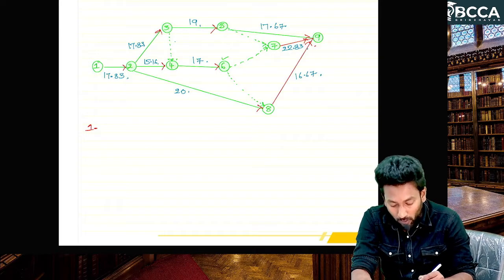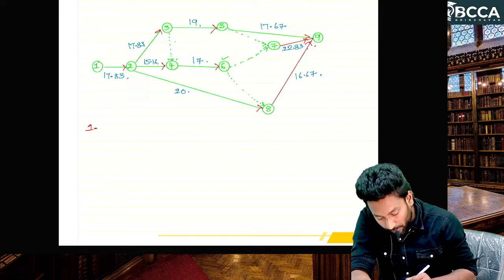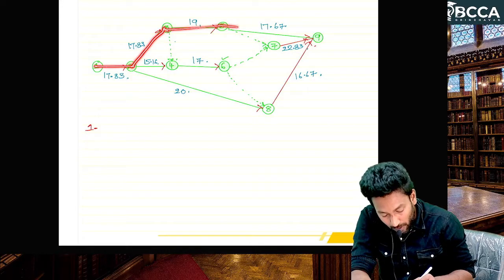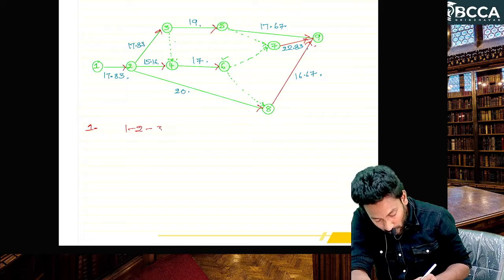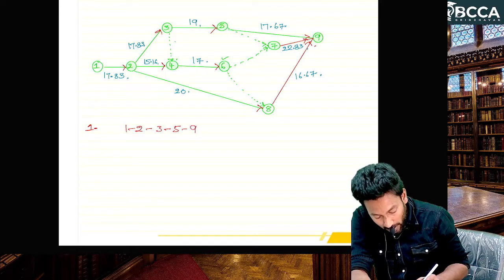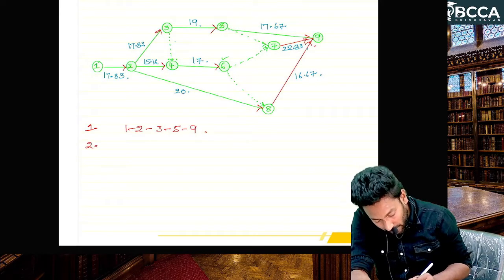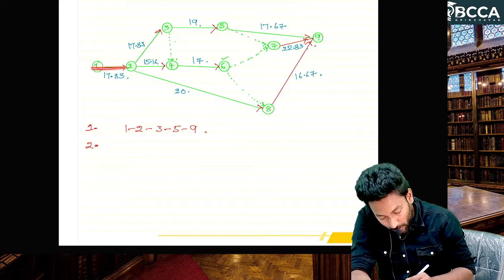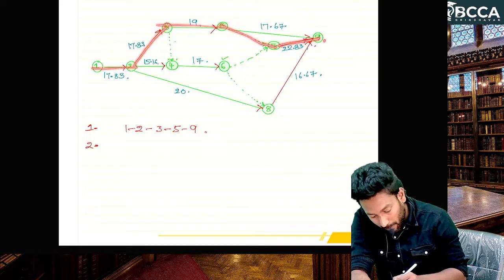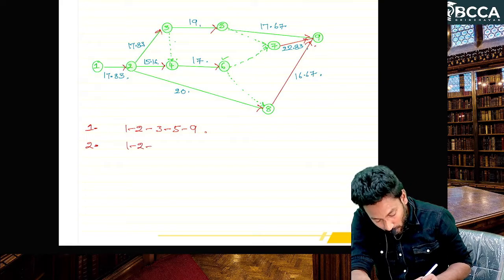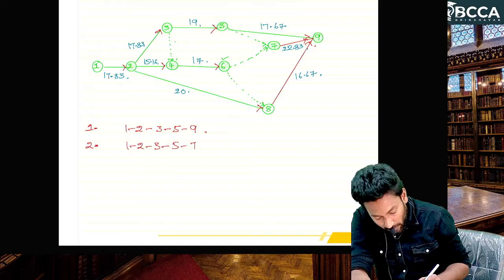How can we go from 1 to 9? First path: 1 2 3 5 9. Second: 1 2 3 5 7 9.